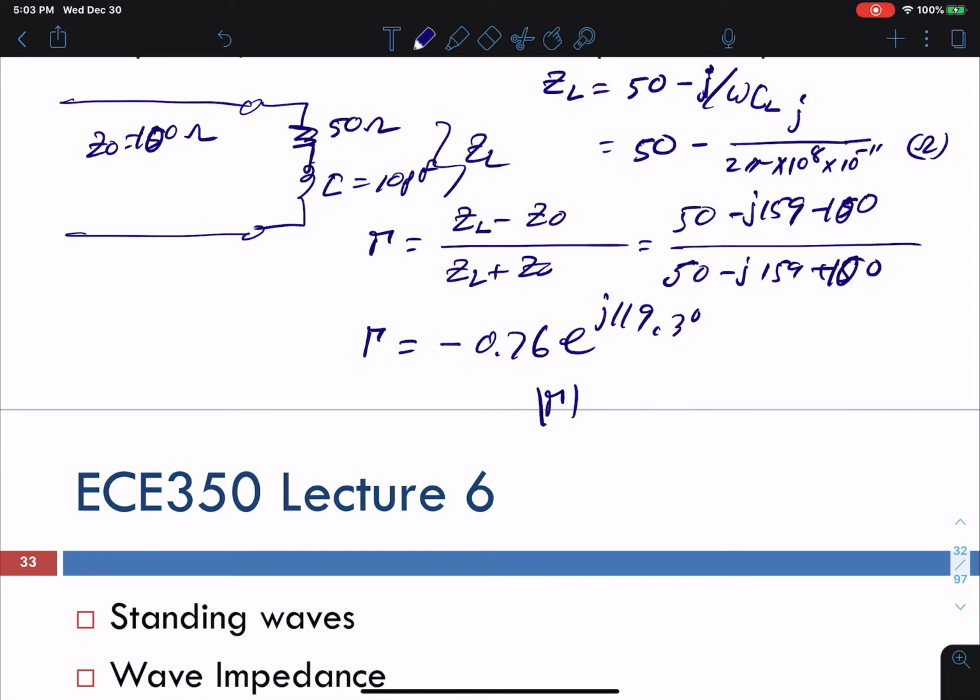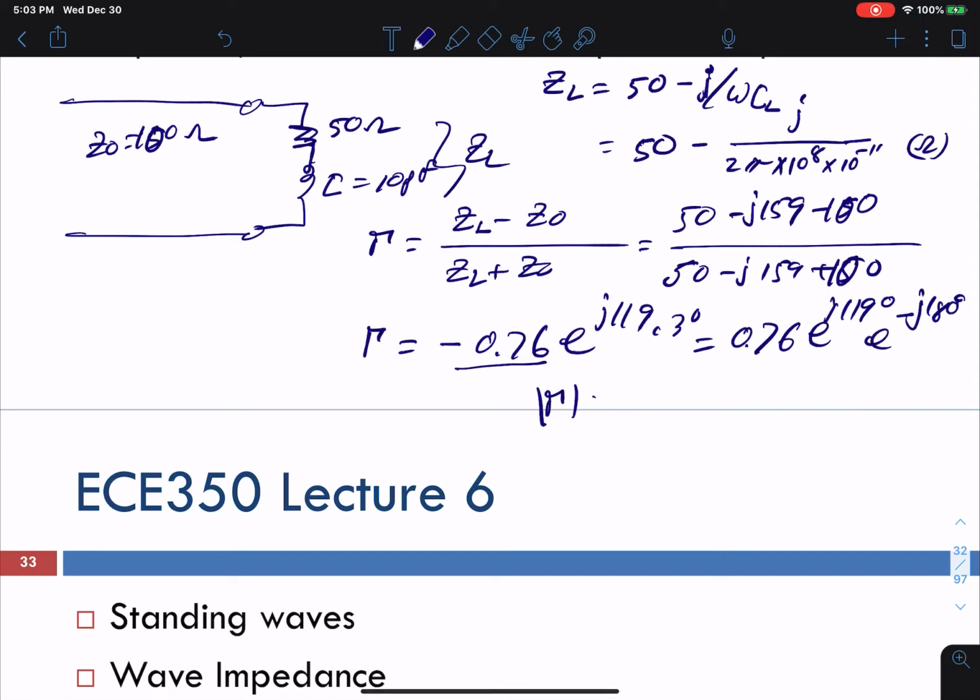Now, to get rid of this negative sign, you have to add e^(j180 degrees) to it. So I put 0.76 e^(j119 degrees), and you can put j180 degrees over here to get rid of the negative sign.